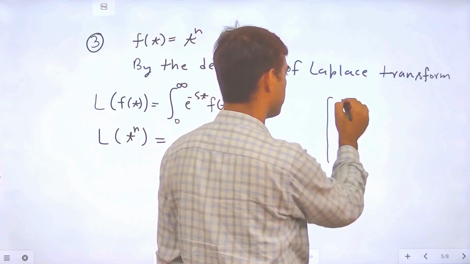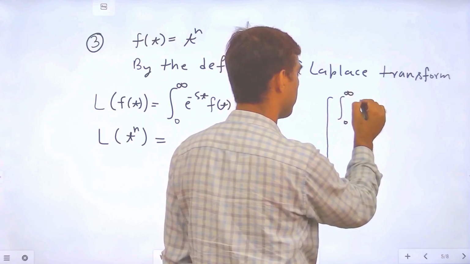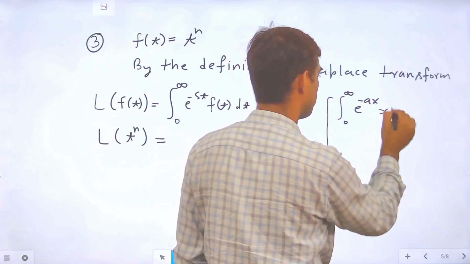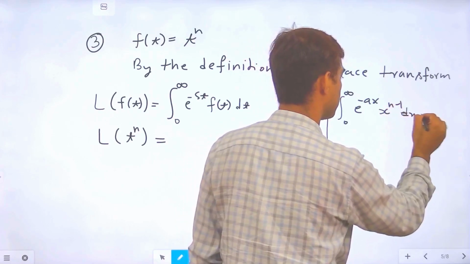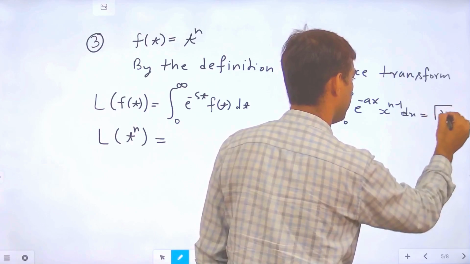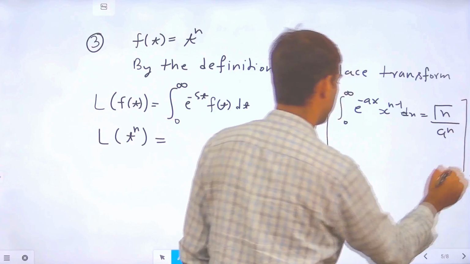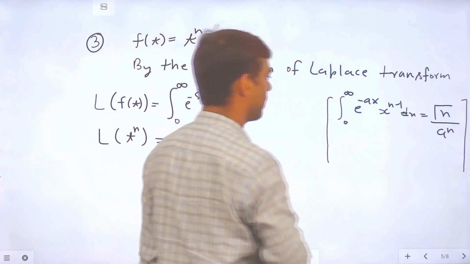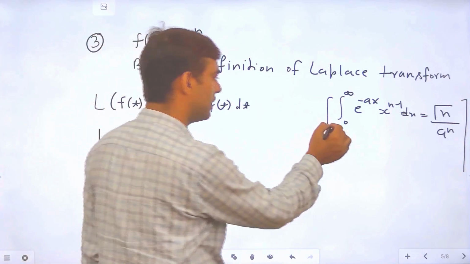The integral from 0 to infinity of e to the power minus ax times x to the power n minus 1 dx equals gamma n upon a to the power n. This is a property of the gamma function, so we are going to use it here.